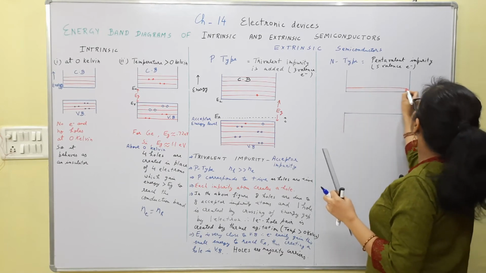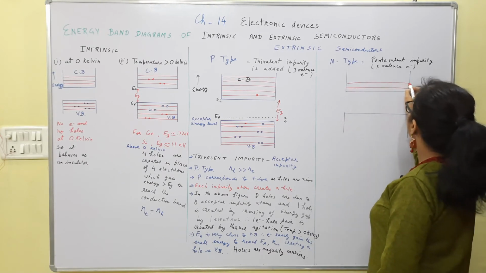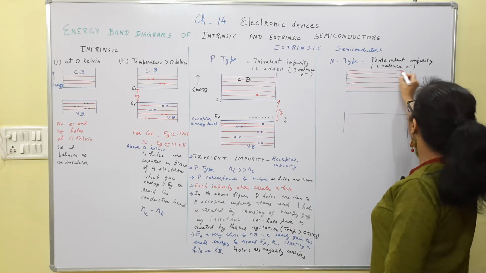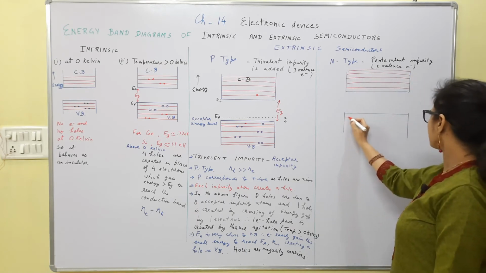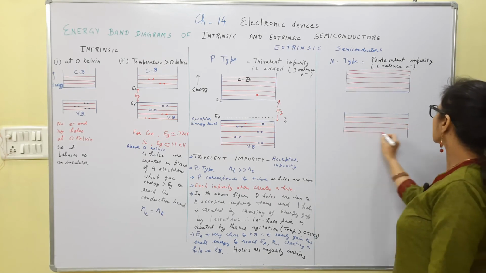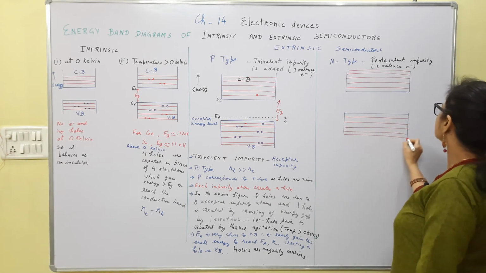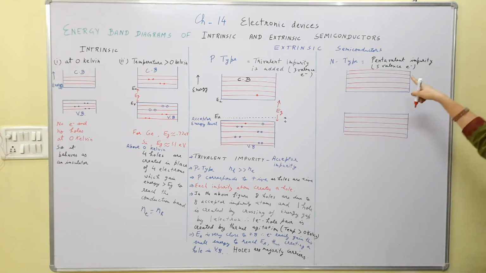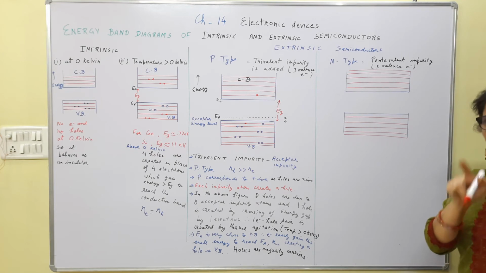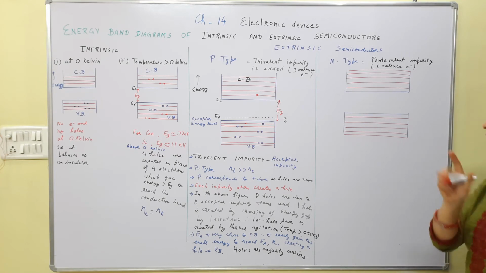Again here this is the conduction band. This is the valence band. We know that this is pentavalent impurity. That means each impurity atom is giving an extra electron.